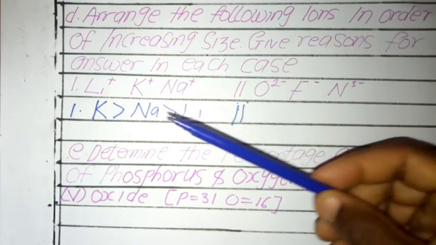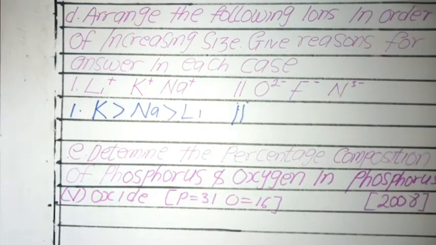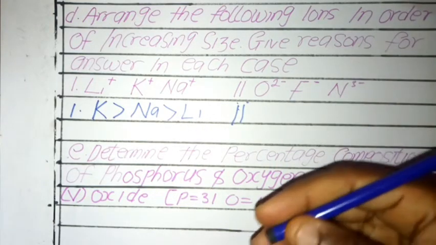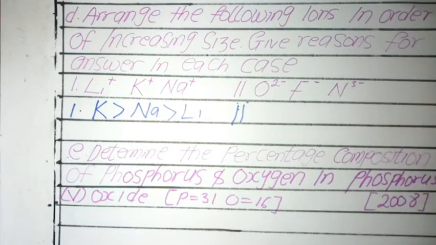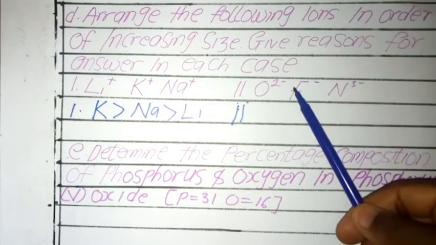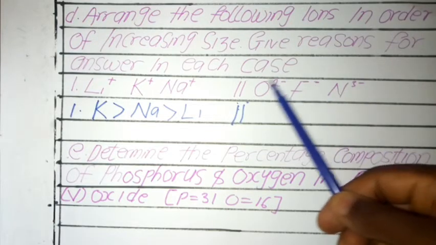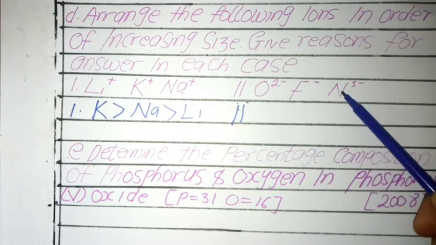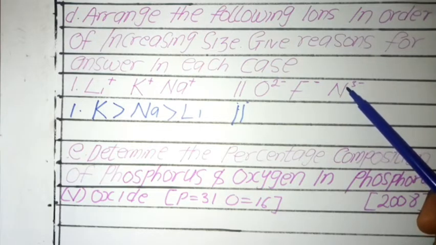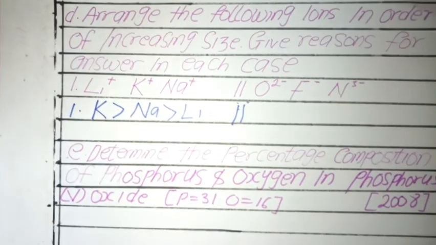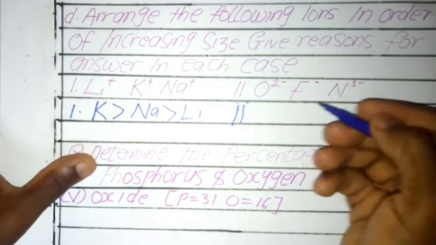In going across the period, size decreases, meaning the smallest one would be fluorine, before oxygen, before nitrogen. So I'll do it like this.